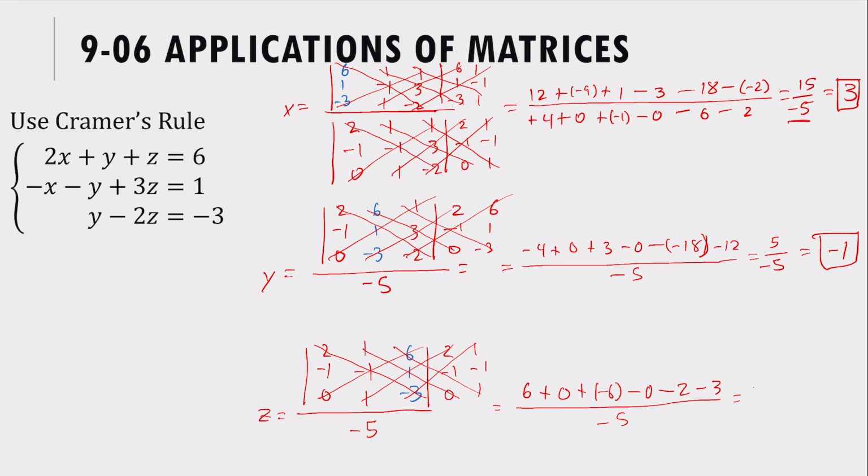Add those together, we get negative 5 over negative 5, which is 1. So z is 1. So our answer is x, y, z.